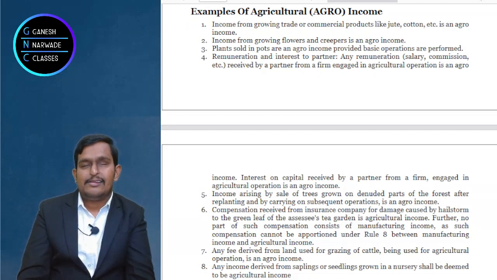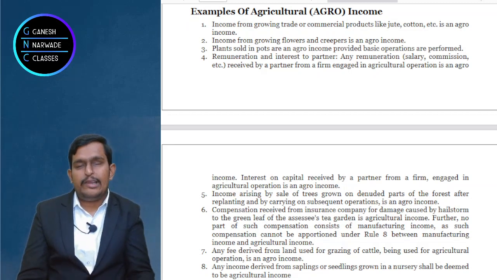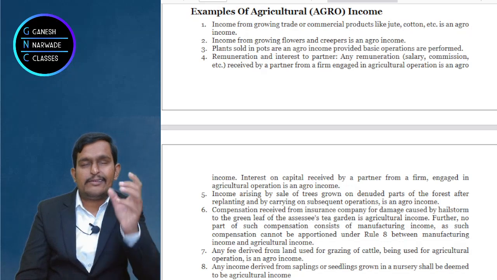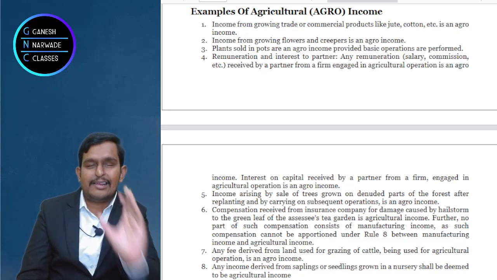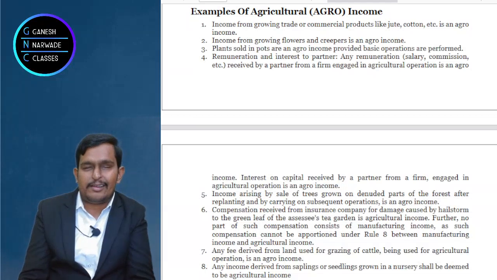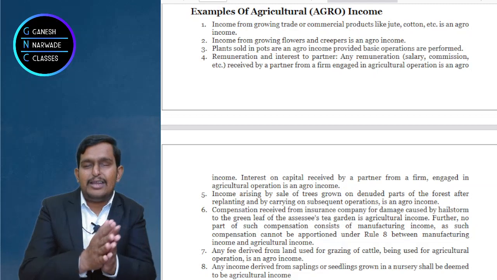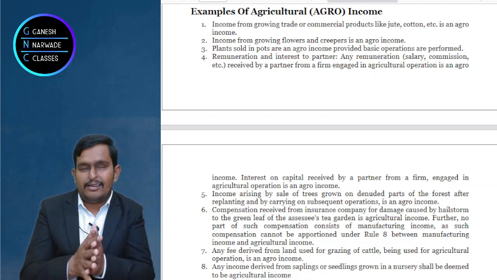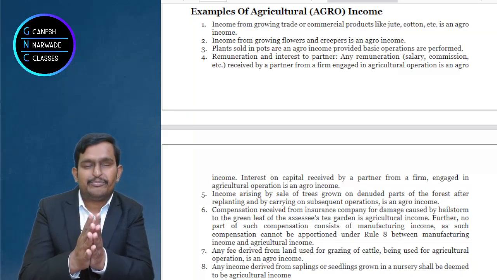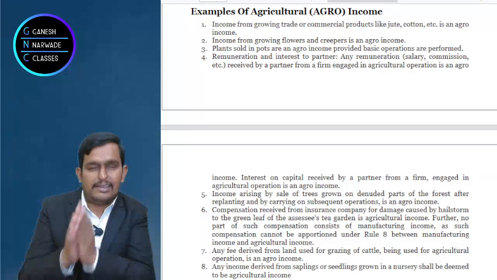Suppose you have taken insurance only for the agricultural farm related loss, then the insurance compensation received is agricultural income. But suppose you took the insurance for agricultural farm related matters and manufacturing loss related matters, combined in one insurance, then the insurance compensation is non-agricultural income.